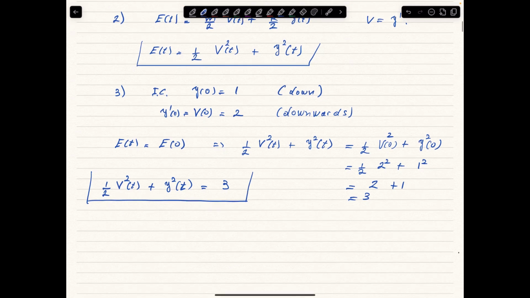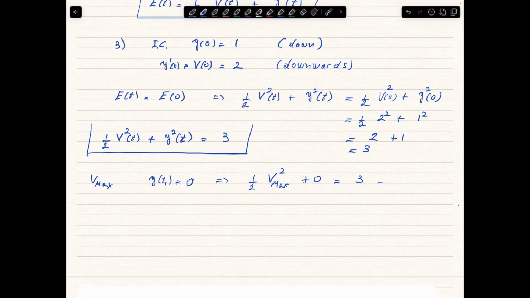Now, the velocity is going to be maximum when, notice that we have a square, so this can never be negative, but it can be 0. V is maximum when y at some time t1 is 0. So then we have the equation 1/2 v maximum squared plus 0 has to be 3.